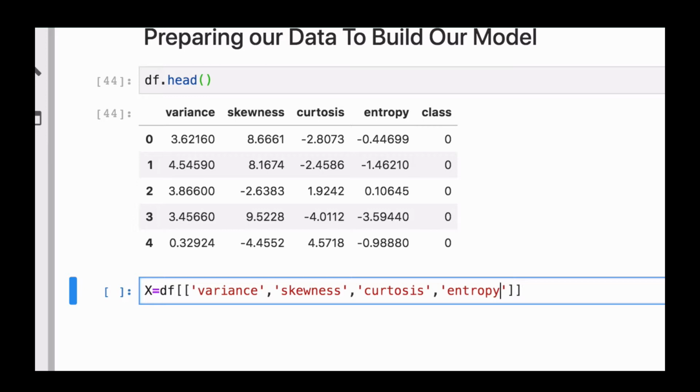But this is only 4 columns. Imagine if we have say 20 or 30 or even more. It's going to be very difficult picking them one by one like this.